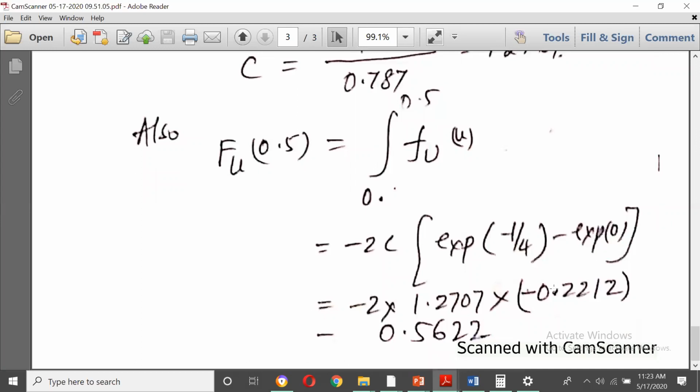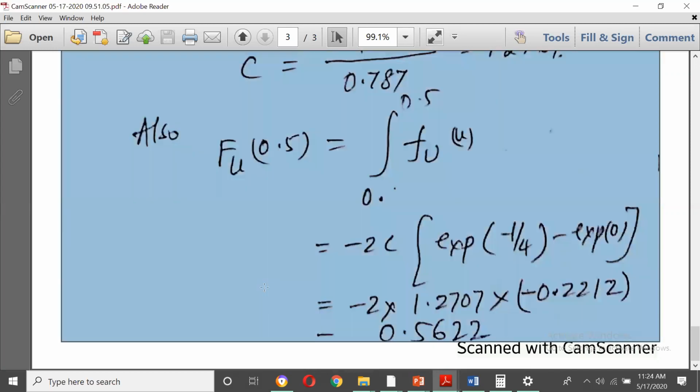This quantity will be minus 0.2212, and this multiplied by minus 2 times 1.2707 gives us 0.5622. Okay, this is the final solution. So if you have any doubts, you can ask.